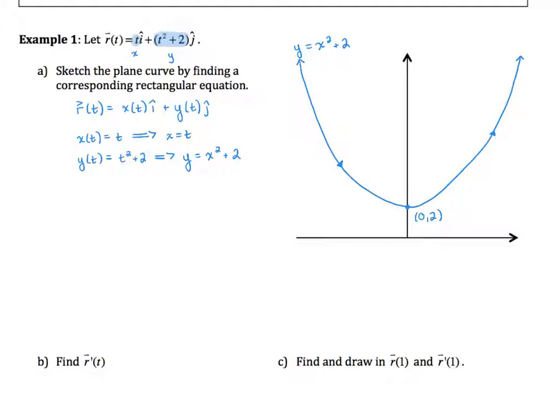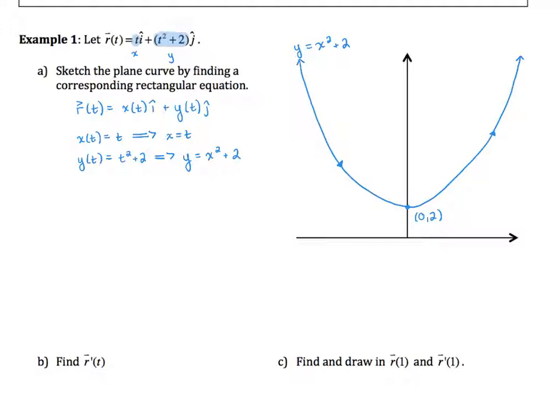Let's see. I'll scooch it up later. If we're finding r prime, that means that we are just differentiating x and y with respect to t.